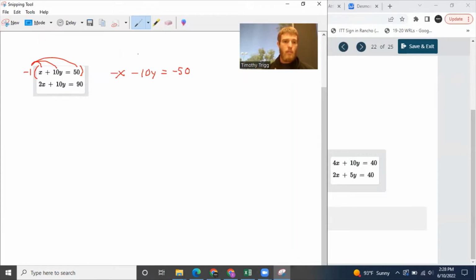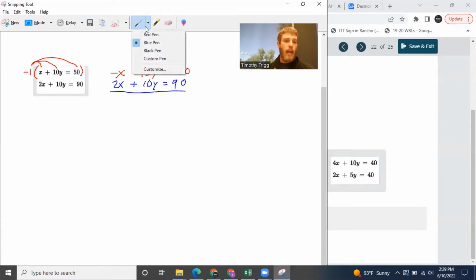Okay, great. The bottom equation, no need to change. So 2x plus 10y equals 90. If I don't need to change the equation, I just rewrite it.